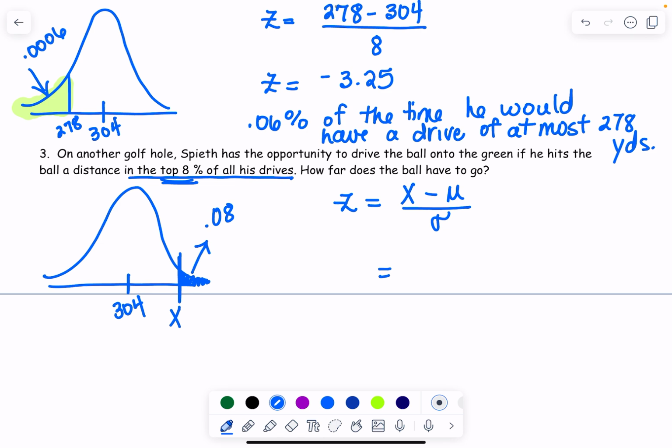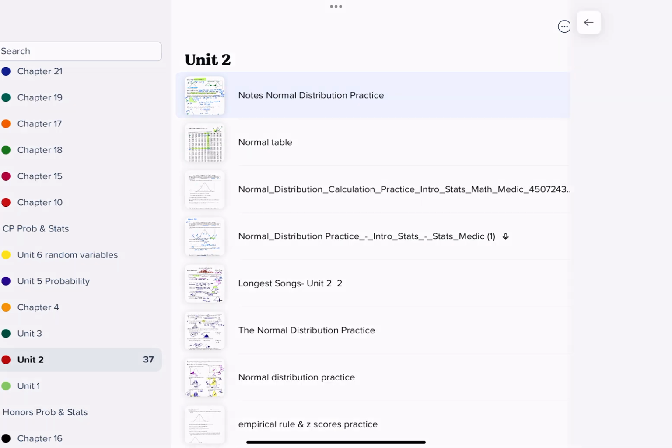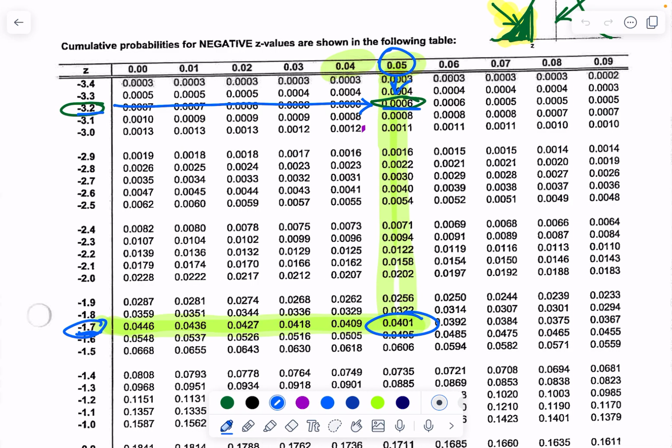I'm going to fill in what I know. I don't know the value. That's what I'm looking for. I know the mean. I know the standard deviation. I don't know the z-score, but I would like to know how many standard deviations above the mean that was. So I'm going to go to my table. But I recall that the table only shows me percentile rankings. So if it's the top 8% of his drives, that means that drive would be at the 92nd percentile. So I'm going to look up 0.92.